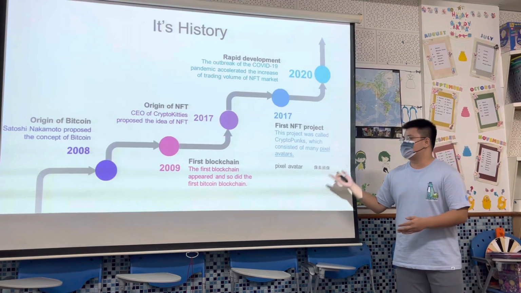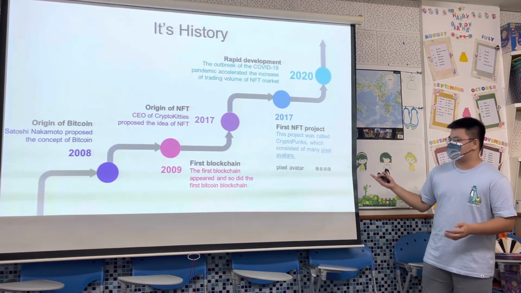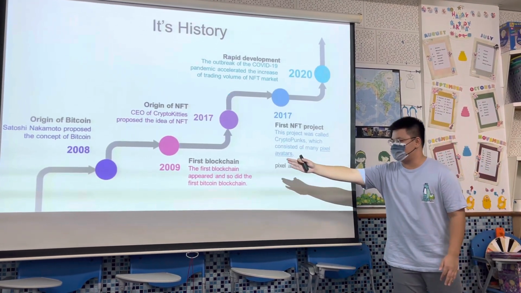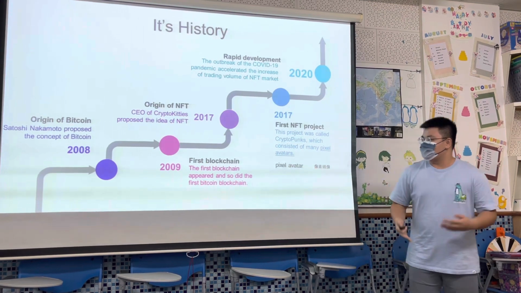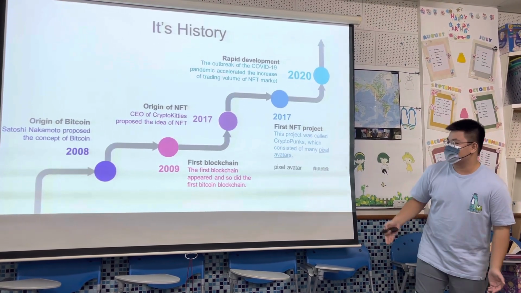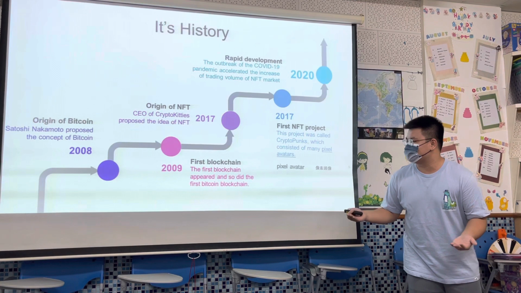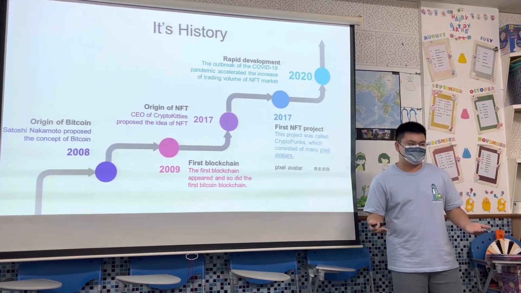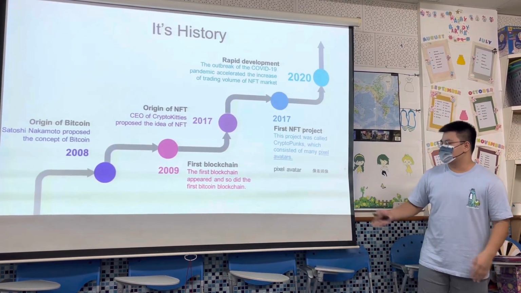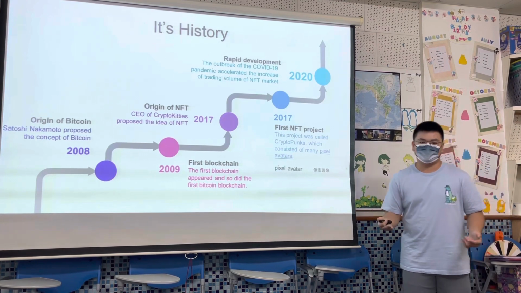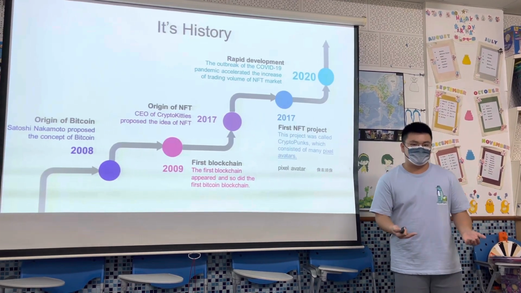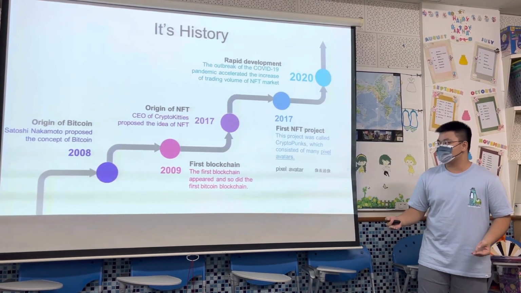And here is the history of NFT. In 2008, a Japanese called Satoshi Nakamoto proposed the concept of Bitcoin. And the next year, the first blockchain appeared because they wanted to match the requirements of Bitcoin.